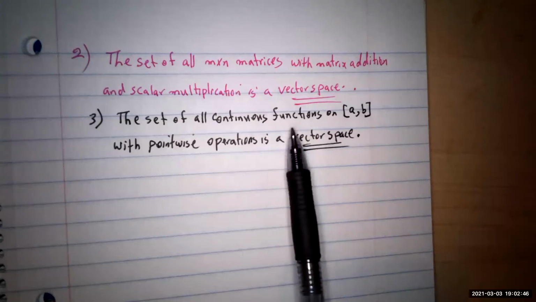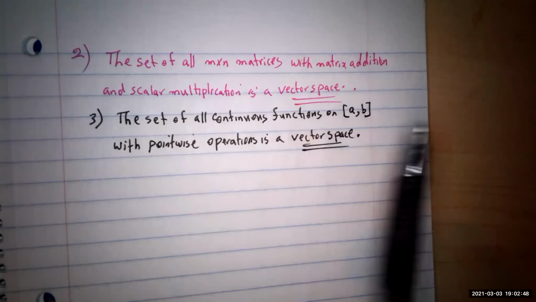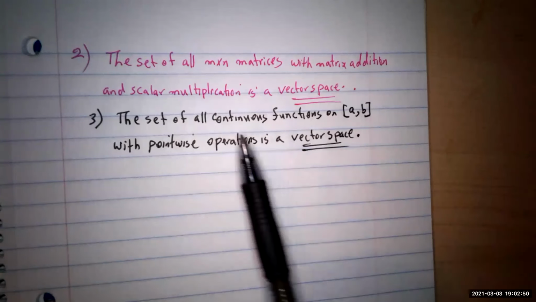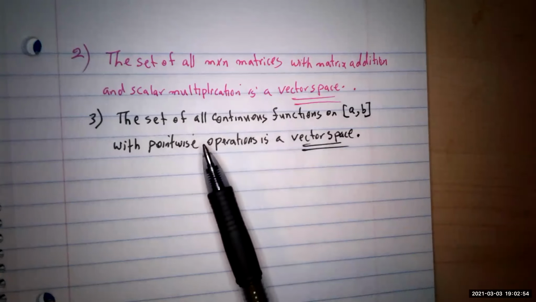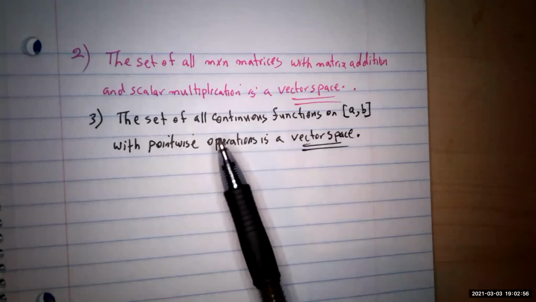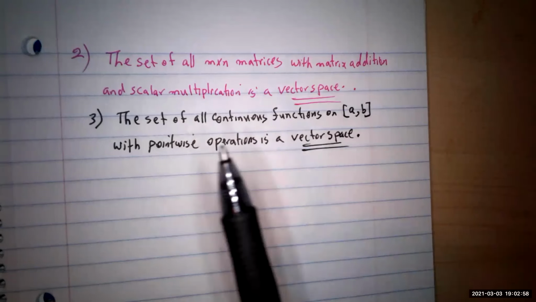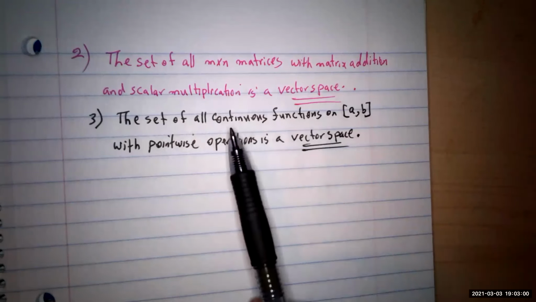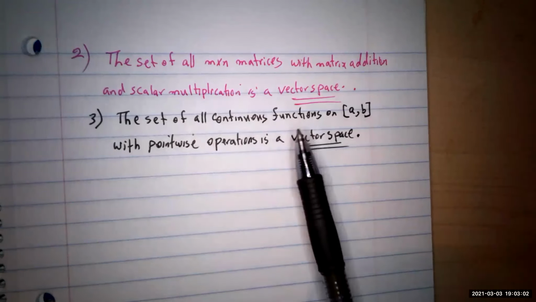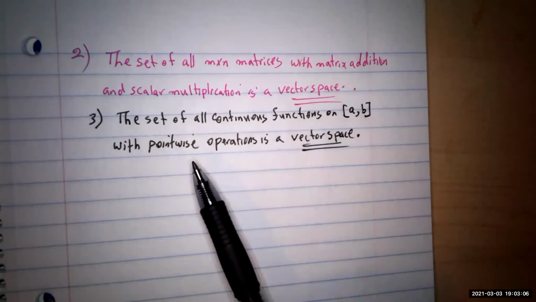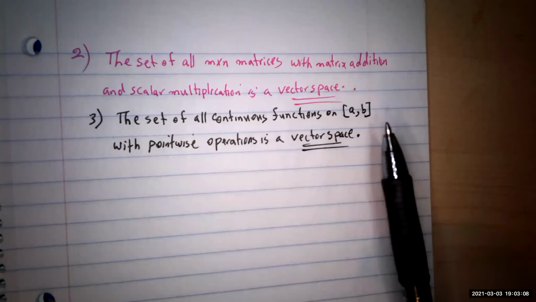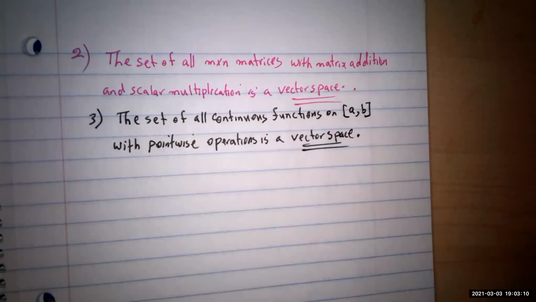So we have the operations, and all the other properties are satisfied quickly. The important part is the first one: the sum of two members of your set must be a member of the set again. And if you multiply a continuous function by a number, the result is continuous. The rest of the operations are like addition. You get it right away.